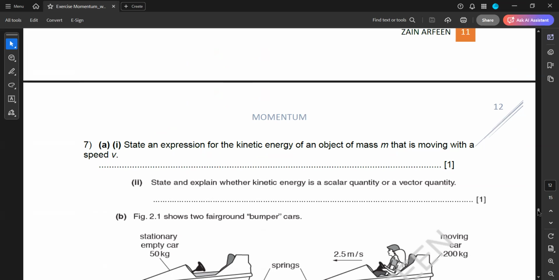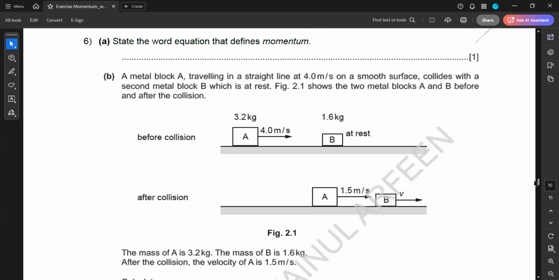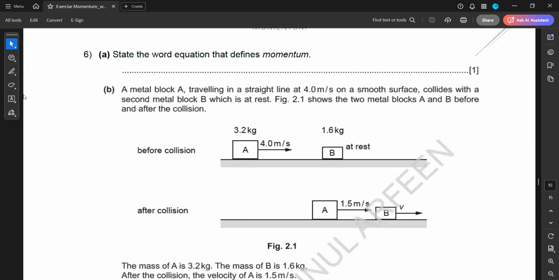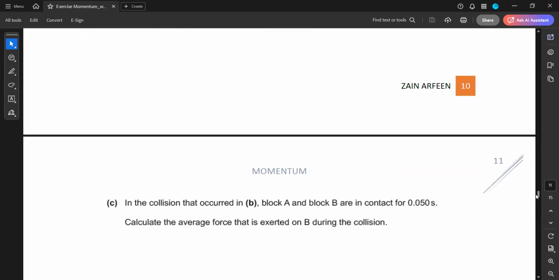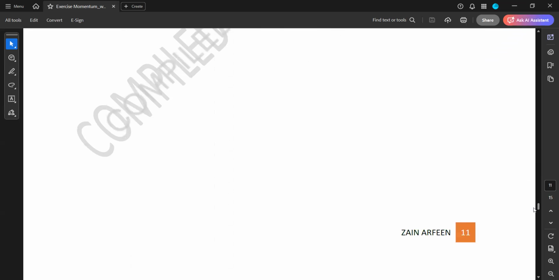But in the previous question, in which they asked us to write the word equation, that's why I wrote that momentum equals mass times the velocity. In an equation, you should write equal to, but in an expression, you're not supposed to write the equal to. You just mention half mv square.